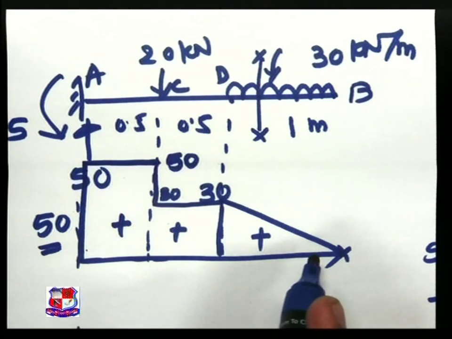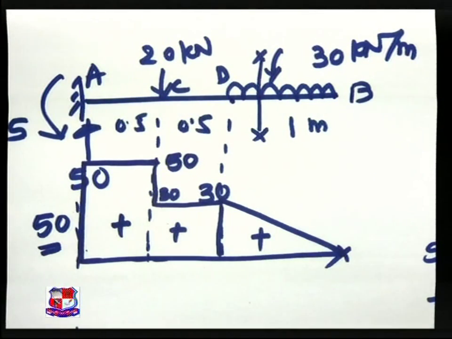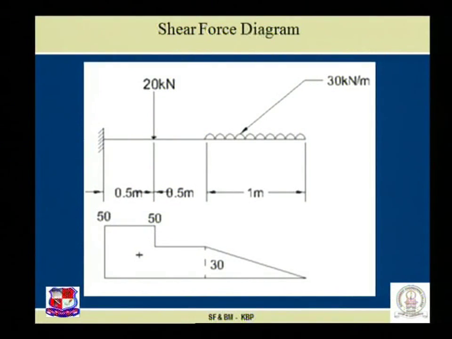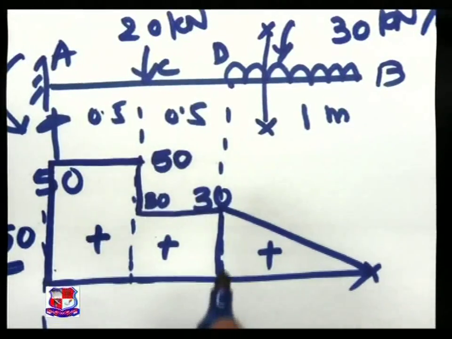Now let us go for the bending moment diagram. Please see on this PPT the variation of the shear force diagram, the same thing that we have achieved on the tabletop. Now let us go for the bending moment diagram on the tabletop.